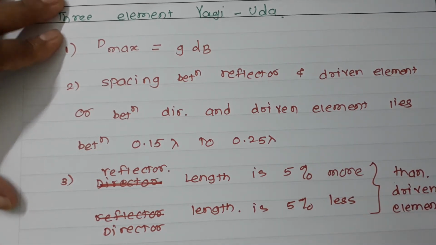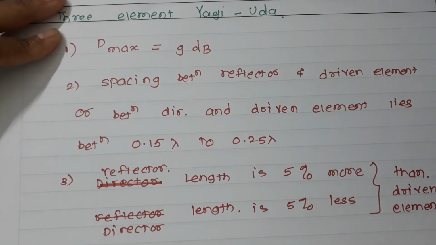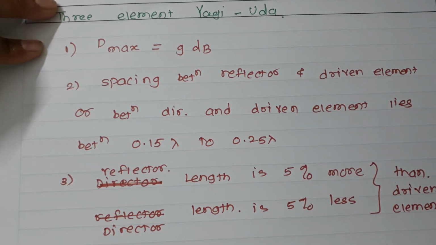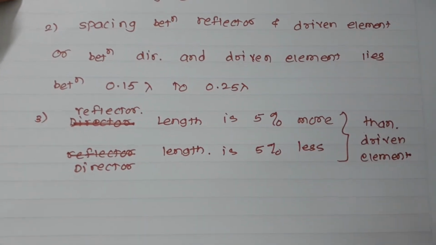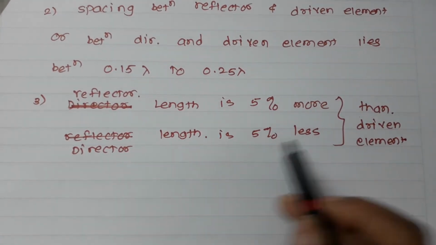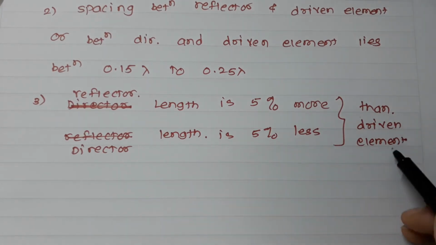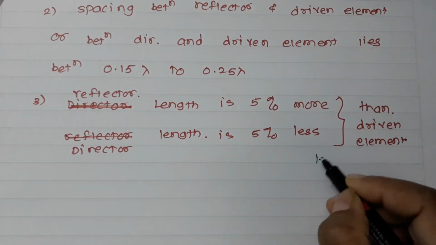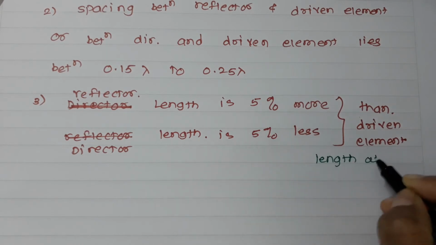The resonant length of the driver is typically about 0.47 lambda to 0.48 lambda. So as we were talking about the resonant length, it should be 5% more or 5% less than the driven element length at resonance.